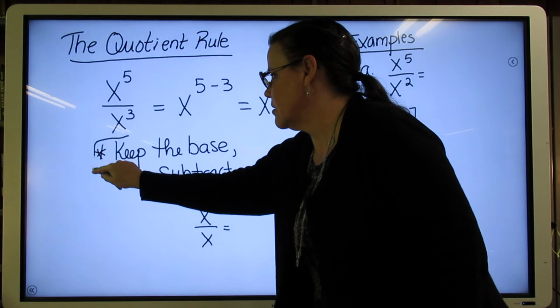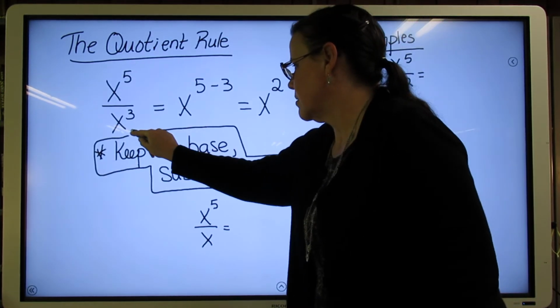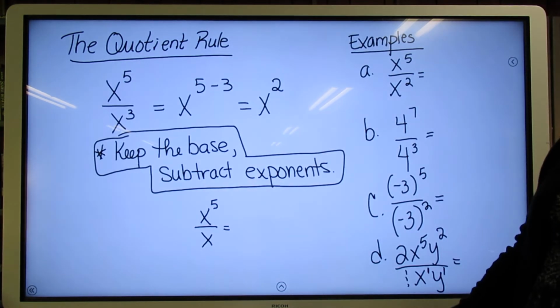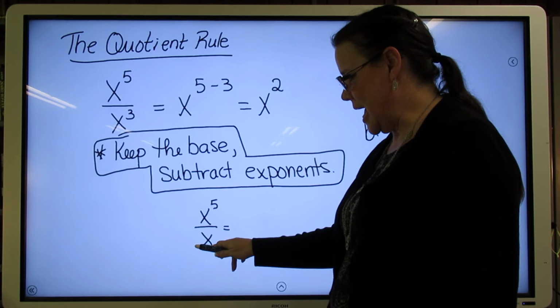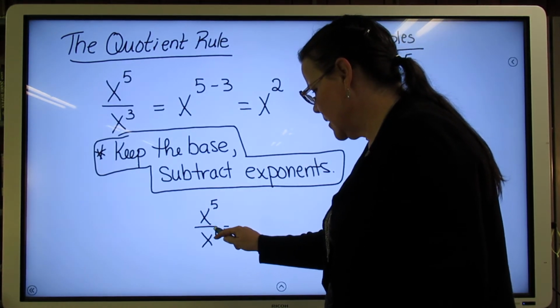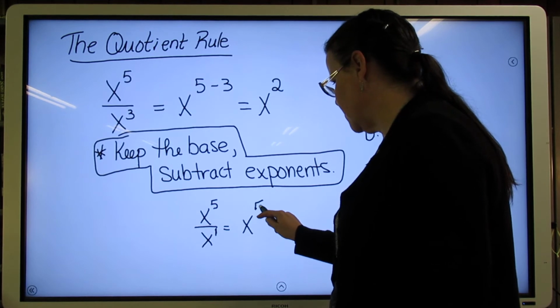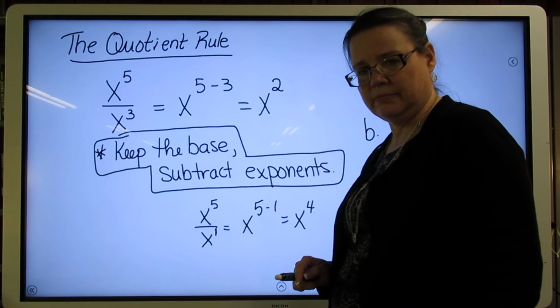That rule is right here. Keep the base, subtract the exponents. So if I had x to the 5th divided by x, I'm technically going to put that 1 there, and then I could do 5 minus 1, and it would be x to the 4th power. Okay?